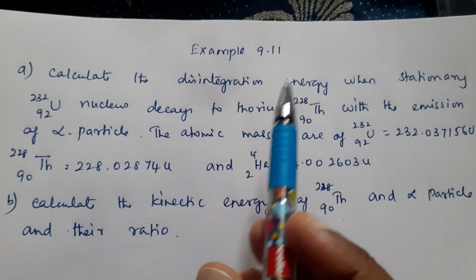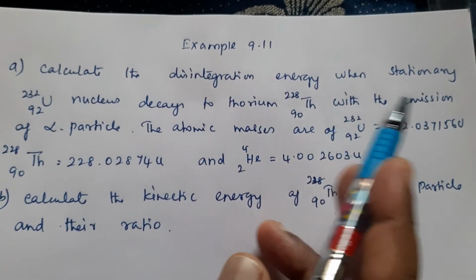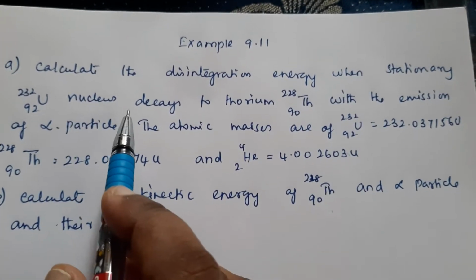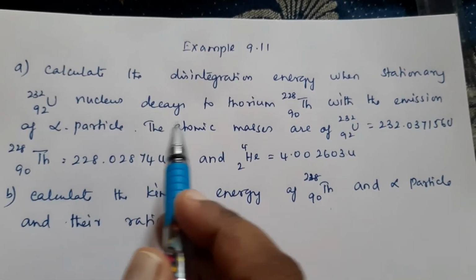Example 9.11. Calculate the disintegration energy when a stationary uranium nucleus decays to thorium with the emission of an alpha particle.